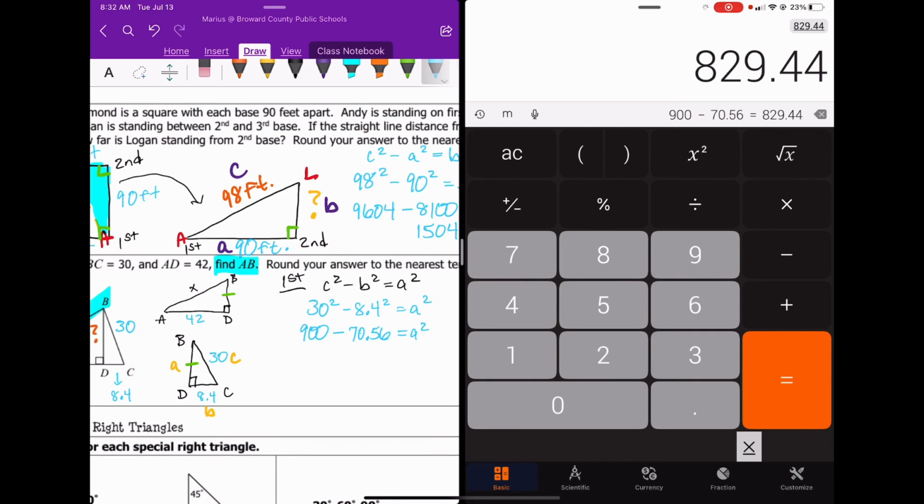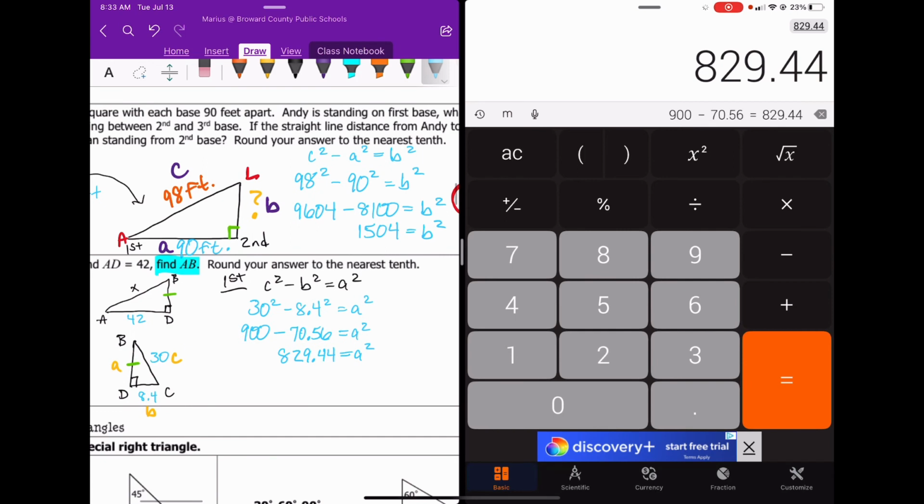That's going to equal a whopping 829.44, which is equal to A squared. And A, we already know, is equal to the square root of that number, 829.44. So I'm going to hit the square root button there, and that gives me 28.8.